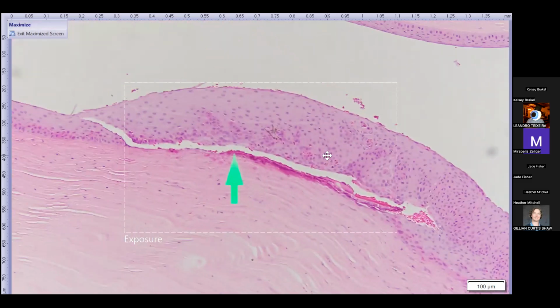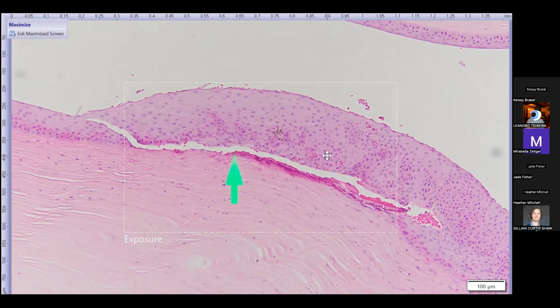And here's the other side showing something similar. You also have this other nice feature of epithelium that's kind of lost its way and become detached. There is this formation of intraepithelial whorls or eddies. Another sign that the epithelium has lost its attachment to the basement membrane and is losing its orientation.